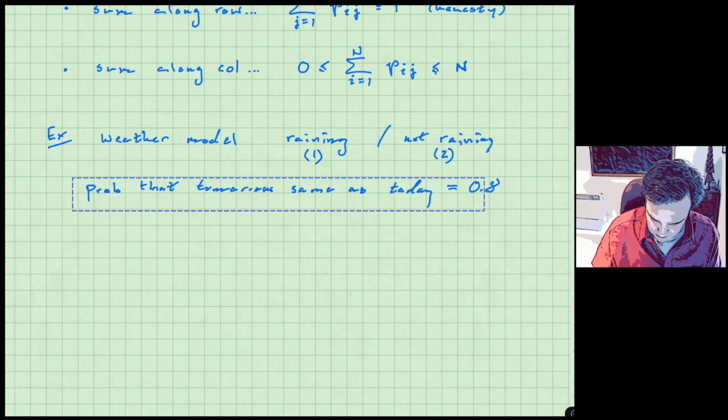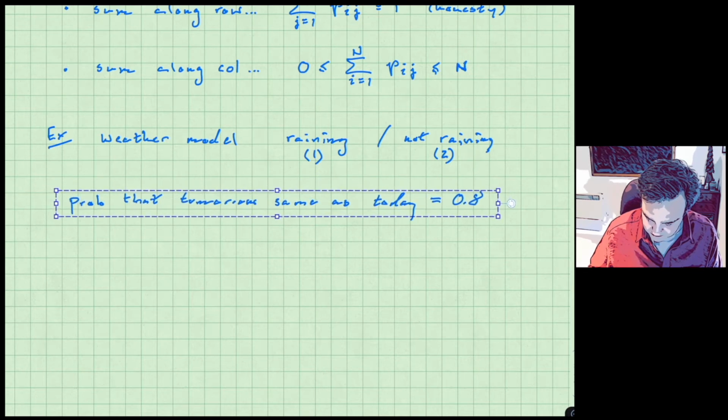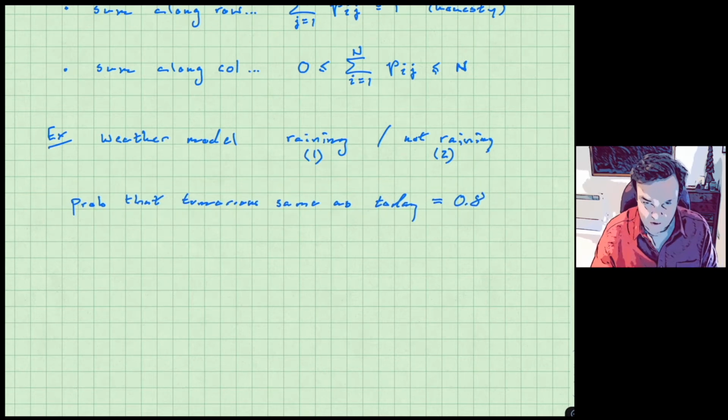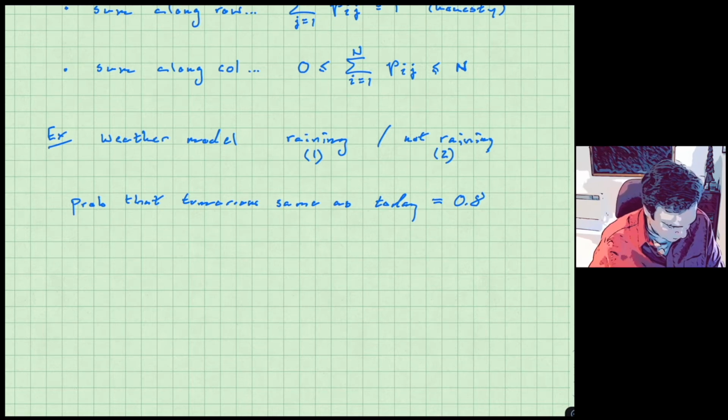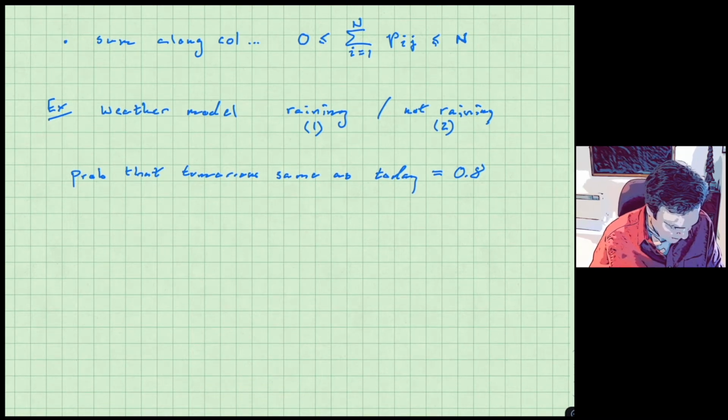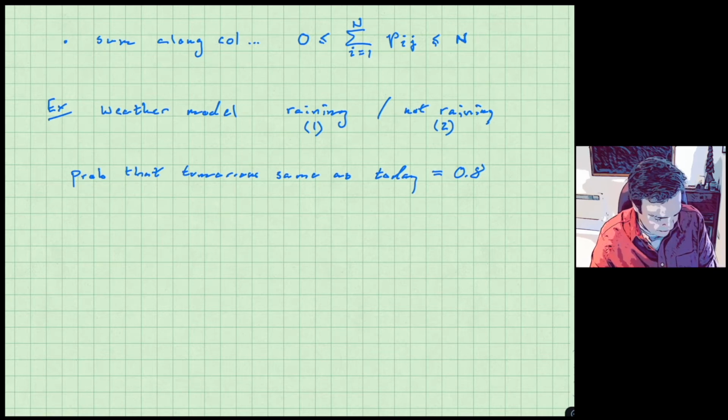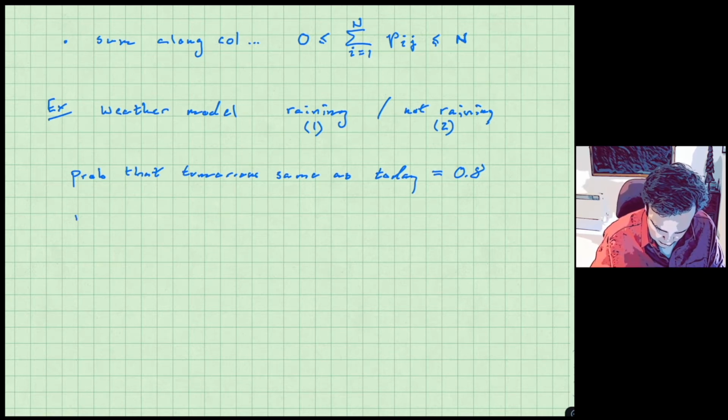So there's an 80% chance that tomorrow is exactly the same as it was today in terms of raining or not raining. That seems reasonable. And so what does this mean? The opposite of that is the probability of a change tomorrow.